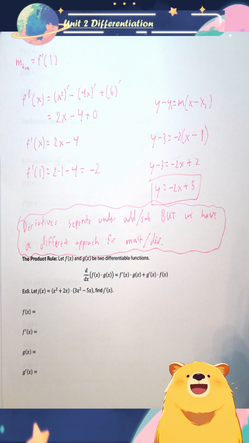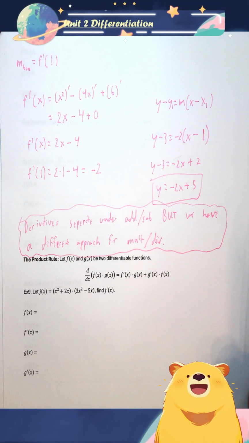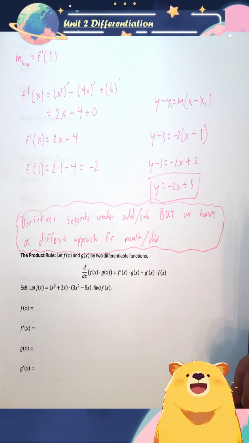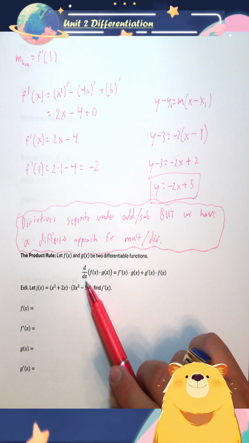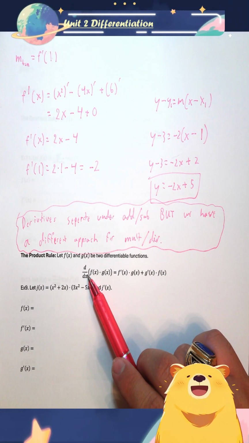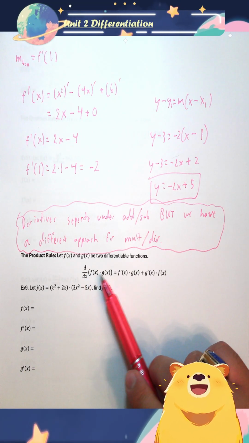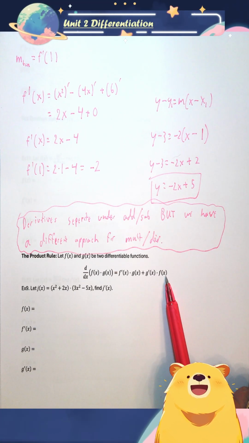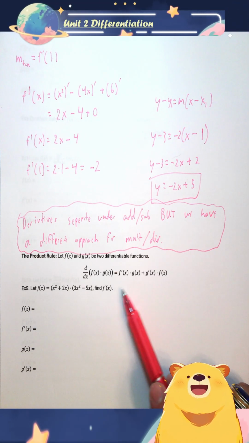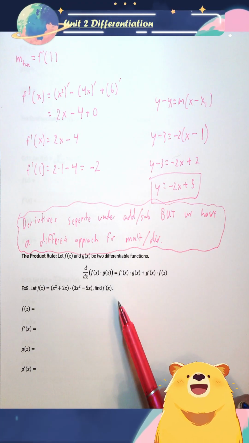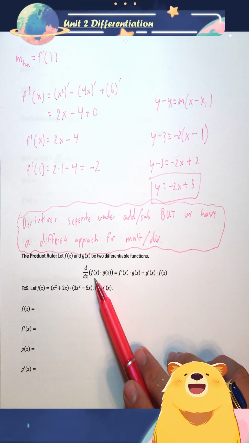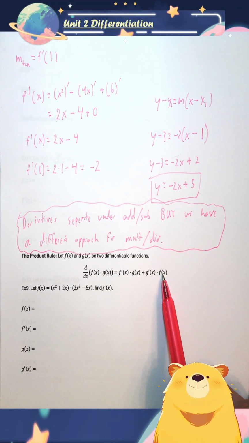So this is going to lead us into the product rule. The product rule states that, let f of x and g of x be two differentiable functions. If we want to find the derivative of this function times this function, it's going to lead us into this pattern. In this pattern, we use f of x and g of x, and they actually remain untouched.